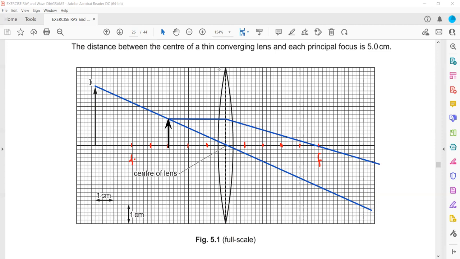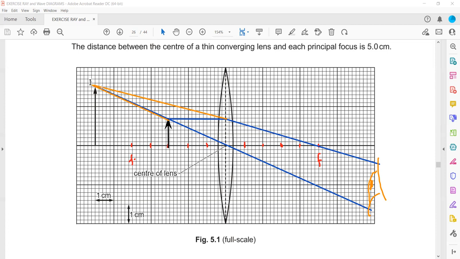So whenever the brain senses light is coming straight, it will produce these light rays backward. And the position where these two light rays intersect is the position where the image is formed.